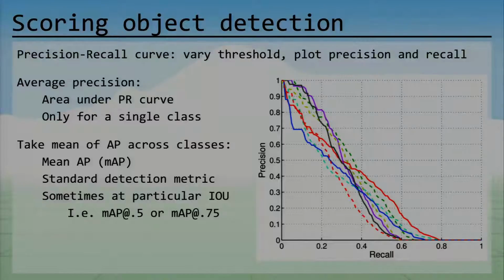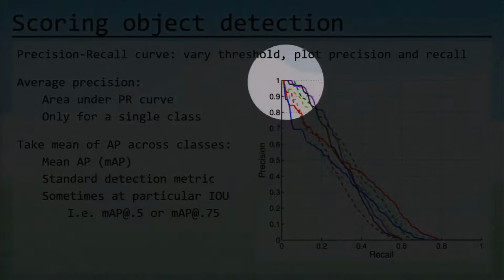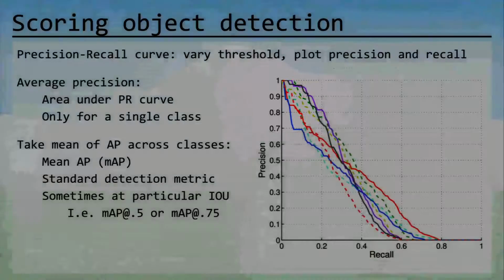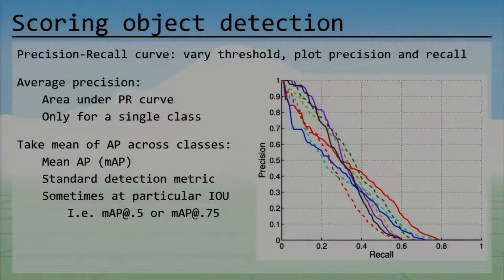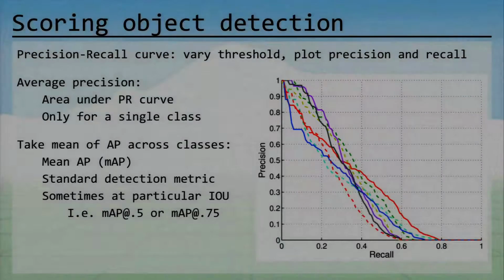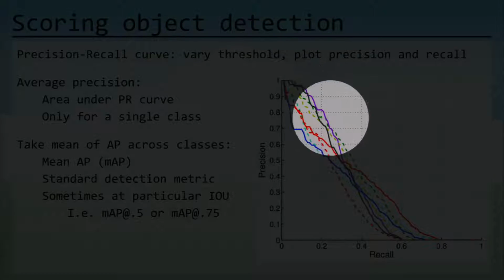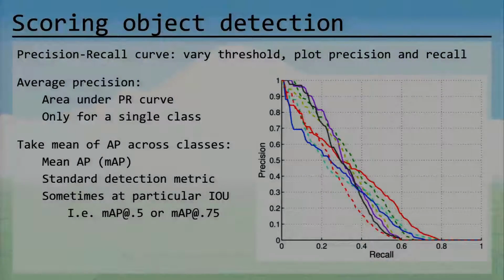And what this does is vary this threshold, or this confidence, and calculate a bunch of different points along this trade-off. So remember, at the beginning, we have really low recall but really high precision when we're only predicting our most confident predictions. And then as we vary this threshold and add more and more predictions in, we're going to get some false positives, or we're going to miss some bounding boxes, et cetera.